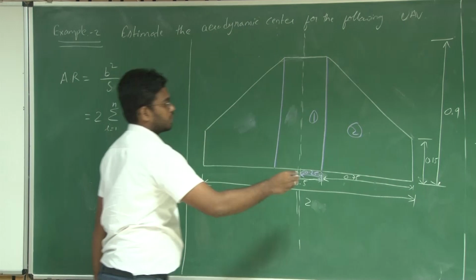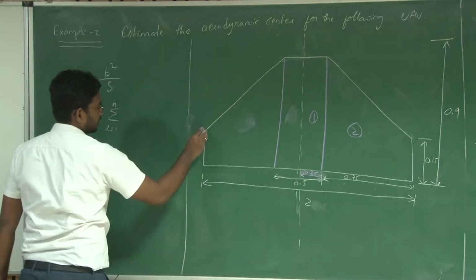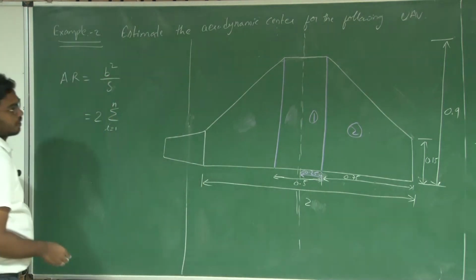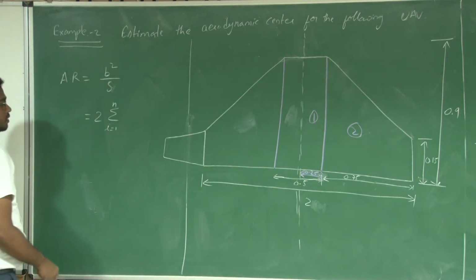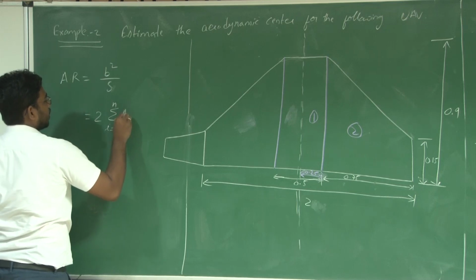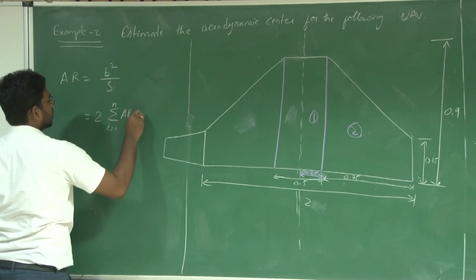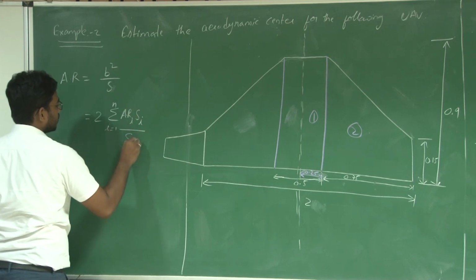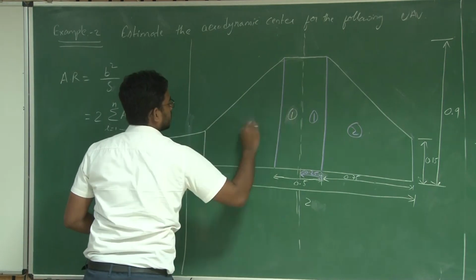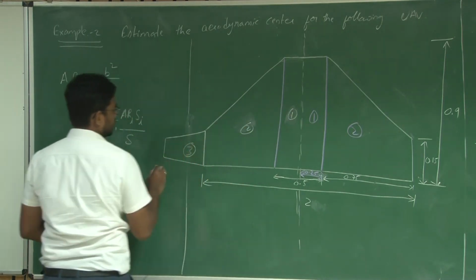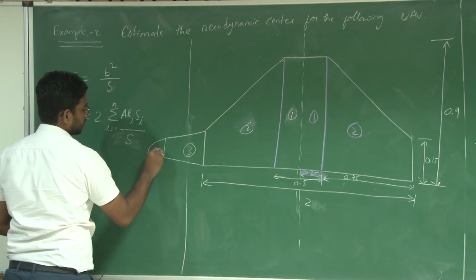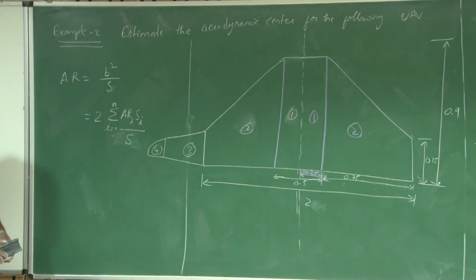You can have one more section here. Effectively, you can have another section like this, and another like that. So sigma i equals 1 to n, ARi into Si divided by S. This may be 1, this may be 2, this may be 3, and again you can have a planform, say this may be 4.